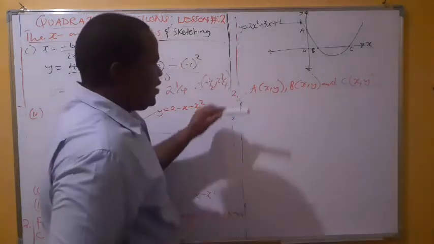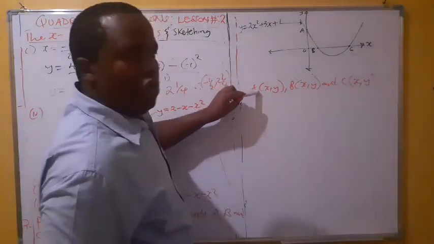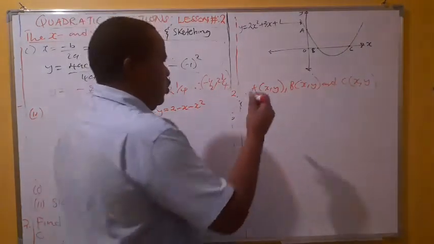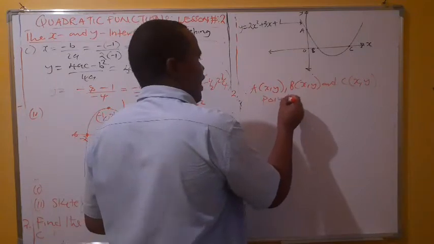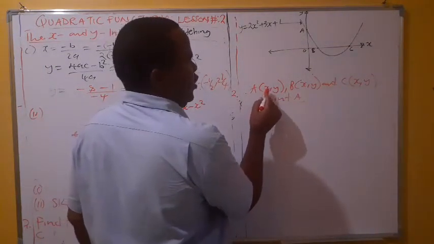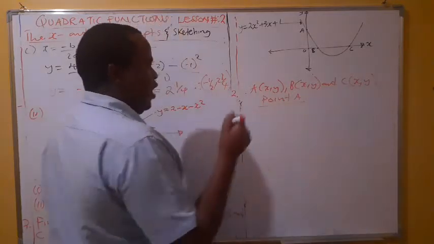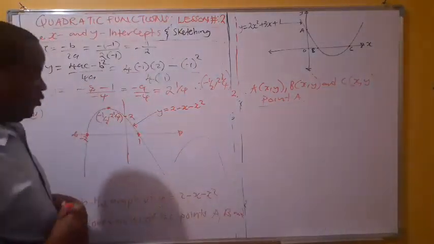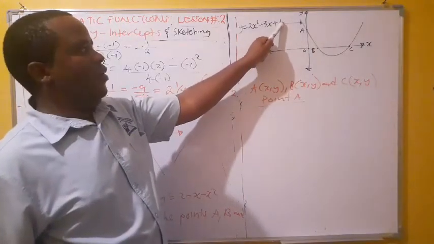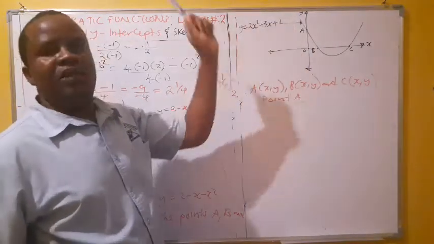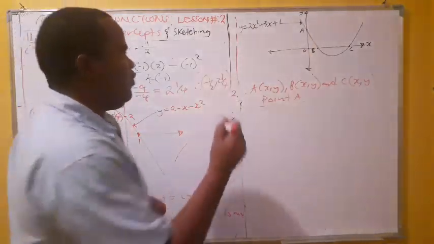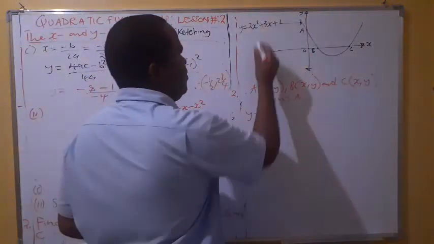We are saying at A we have the y-intercept. Hence x is 0. So for point A, we know that x already is 0, so we have to find y. How do we find y? We just substitute. Or y is 1 here, just by inspection. When you put 0, you get 1. Or you can say y is equal to, let me substitute.